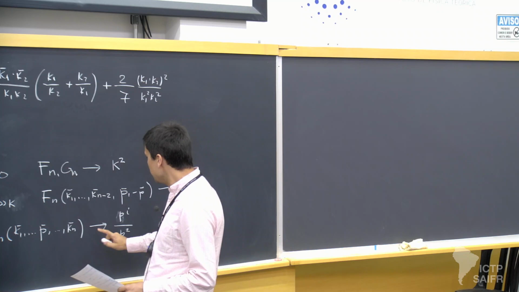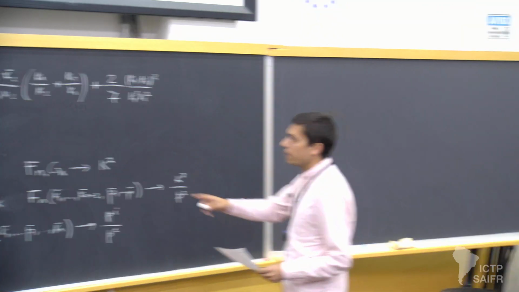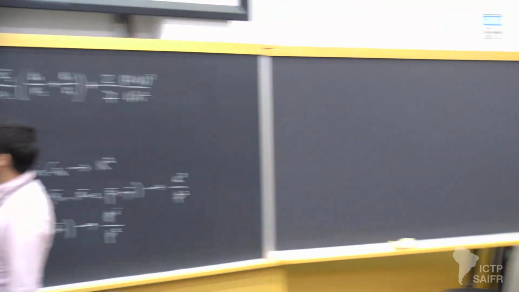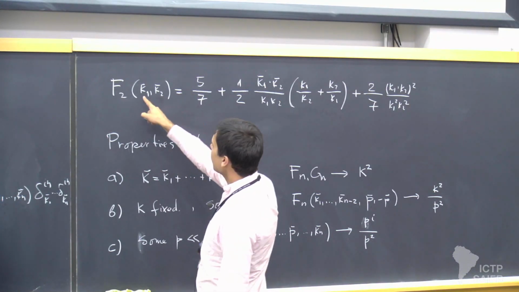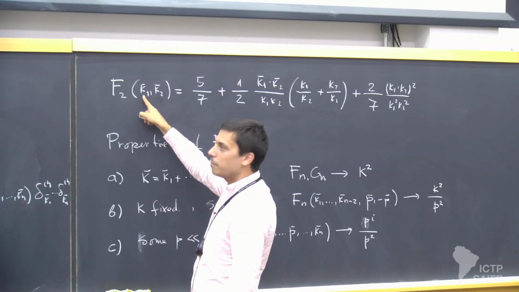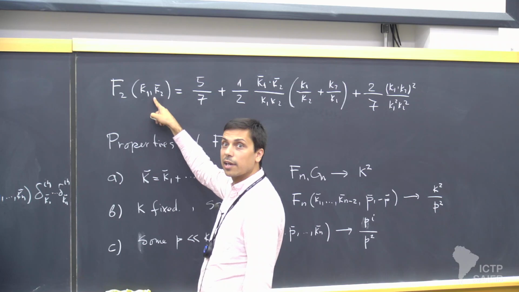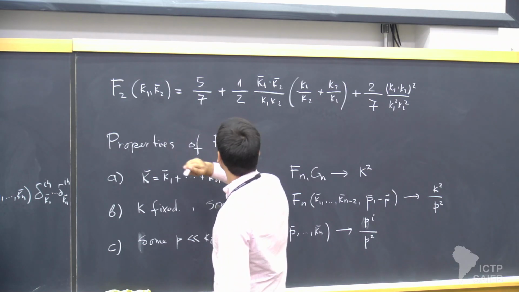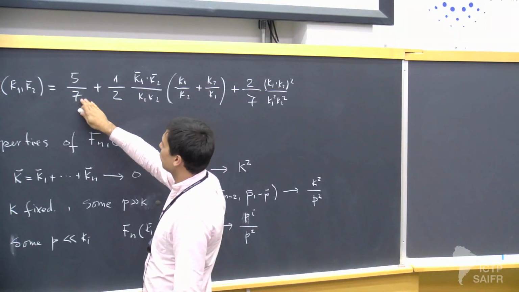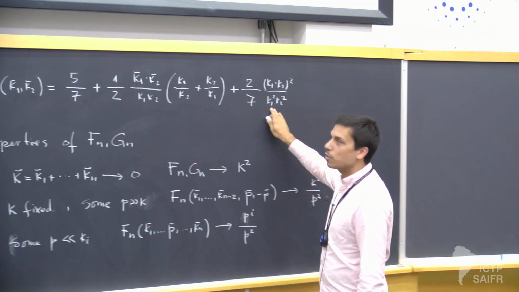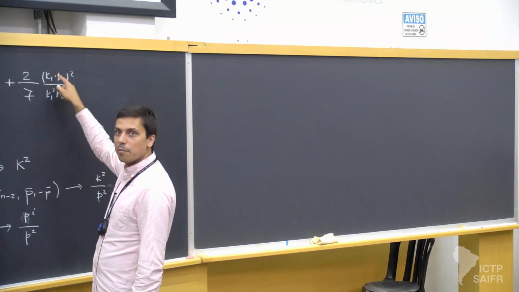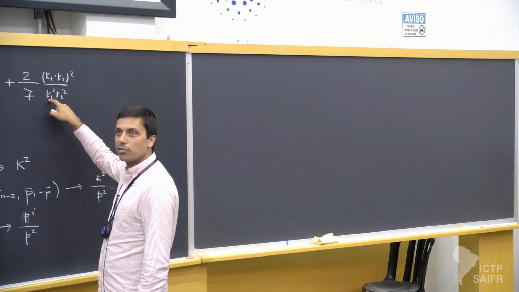You can see this explicitly in F2. Imagine that k1 is much smaller than k2. This term is of order 1, because there is the same power of k1 in the numerator and the denominator.